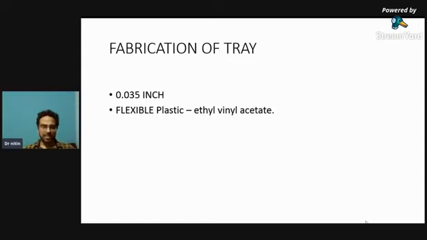And what you can advise the lab is to trim the margins of the gingiva on which the tray has to be made, so that when the tray is made, it will lock in the gingival areas, so that excess flow of the bleaching material won't go in the gums. Guys, it is very important. I'll just repeat it again.